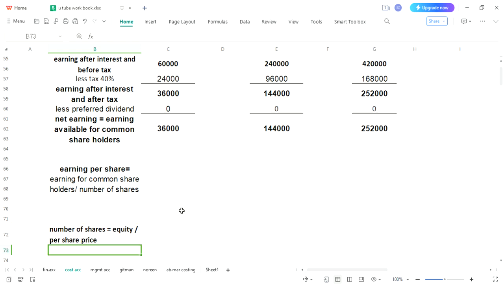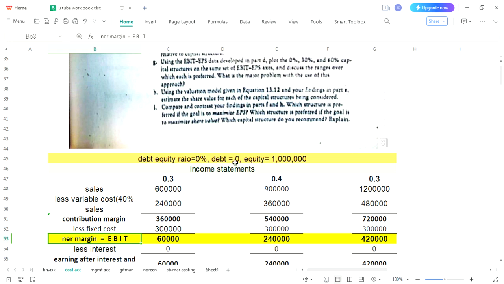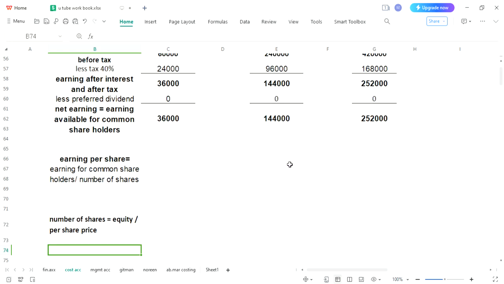Please note it down. Number of shares, how would we calculate? Amount of equity and per share price. Go back to the question, and this is your first heading. Equity has already been mentioned, that total amount of capital structure was 1 million, no debt. It means total capital structure would also be total amount of equity. In this case, we have 1 million as amount of equity, and share price.